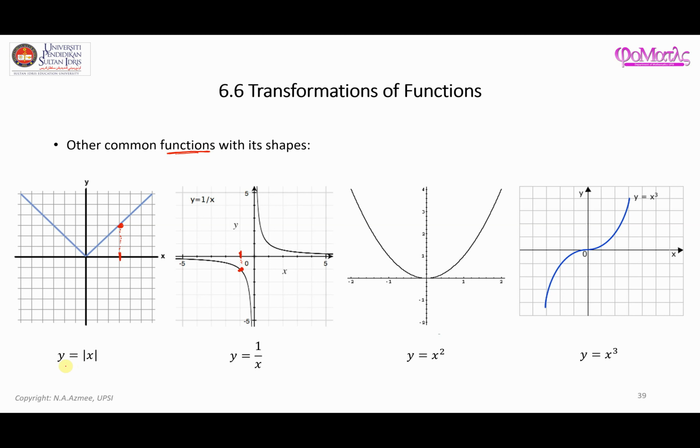So for example, this is a function that says that y is equal to the absolute value of x. So we have this V-shaped graph.